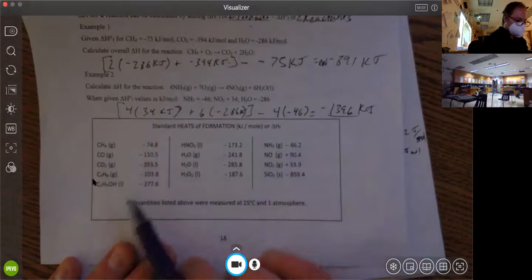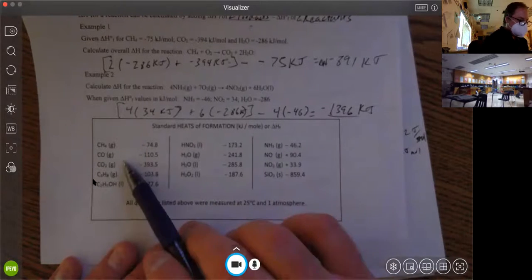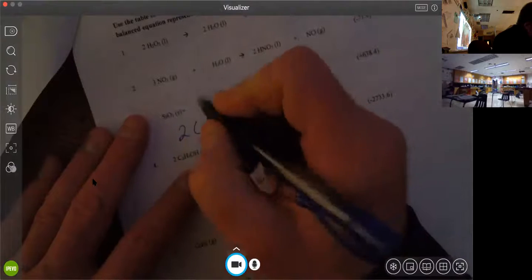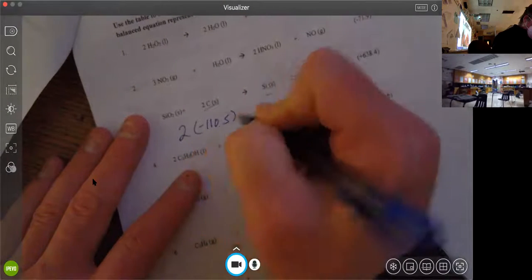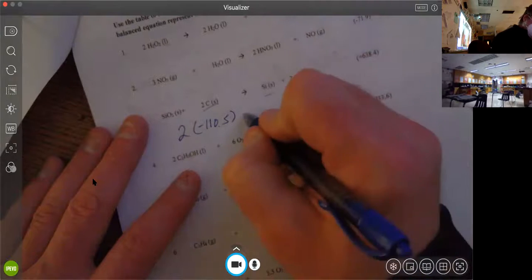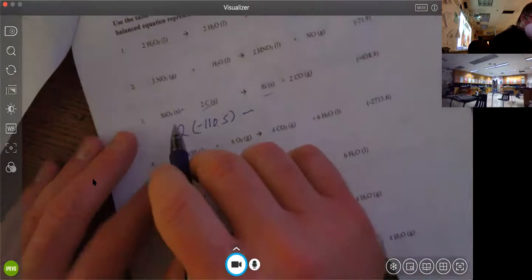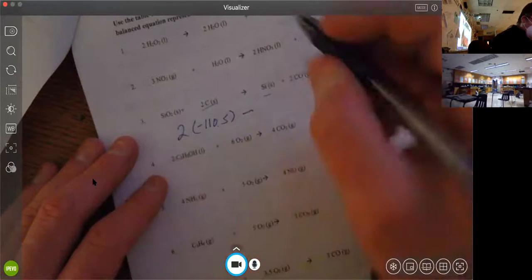So there we had silicon dioxide and carbon monoxide. We take the products. CO is negative 110.5 kilojoules per mole, and we subtract the reactants, 1 mole of this.